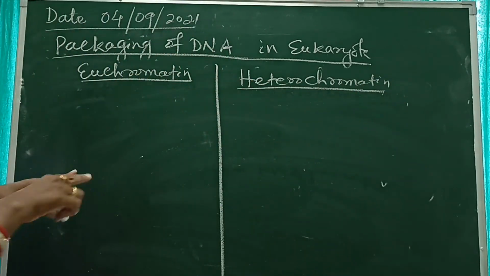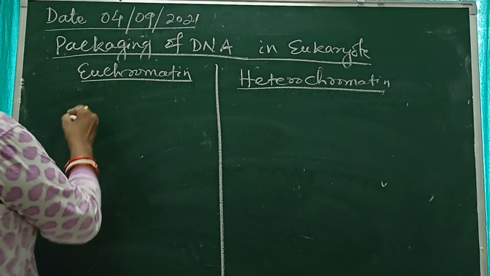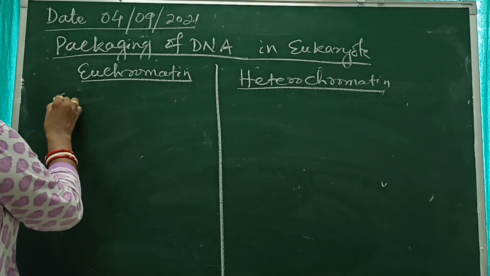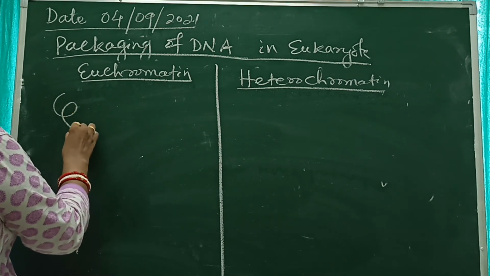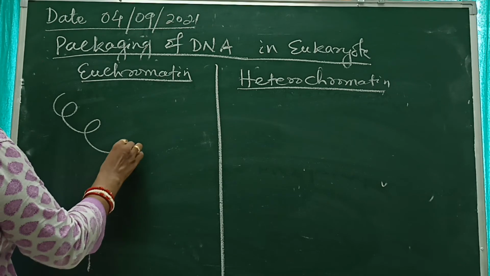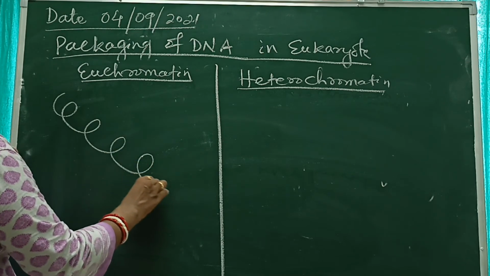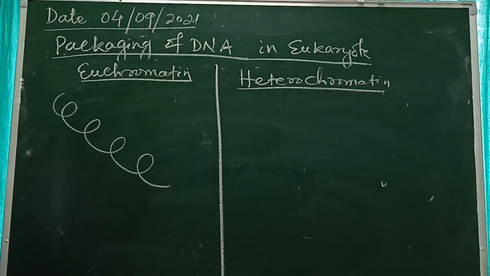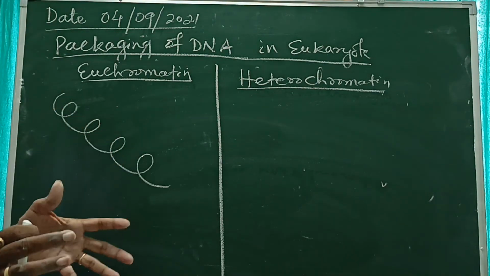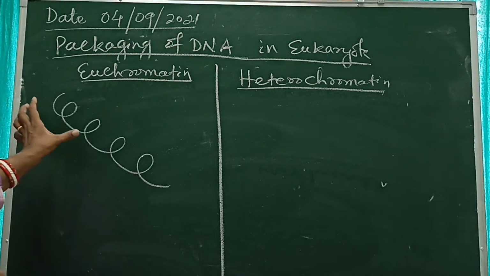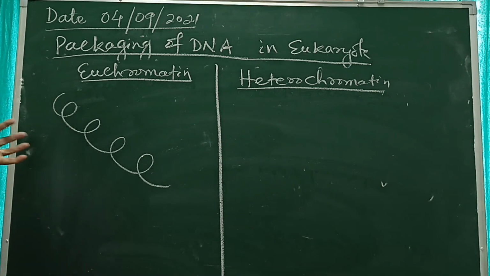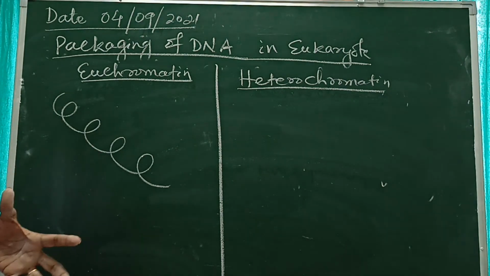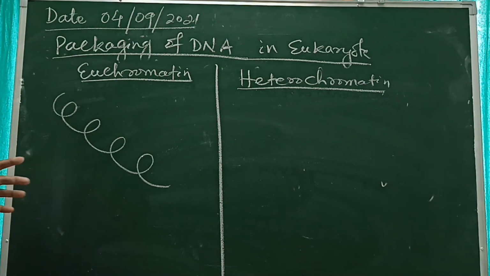So let me first explain you diagrammatically. In euchromatin, what happens, children? This is a bead, then again here is a bead, here is a bead, here is a bead. That means the beaded structure, that means the nucleosomes. The nucleosomes have distance between them. They are not tightly packed, there is no high coiling of DNA.